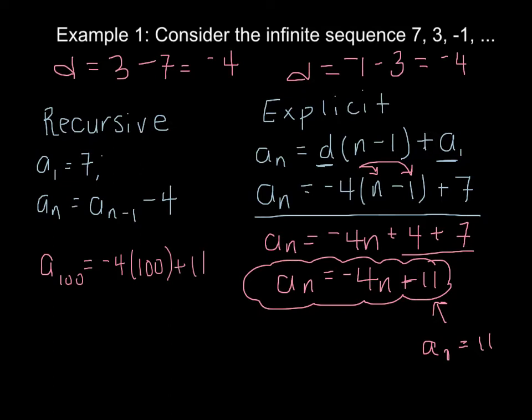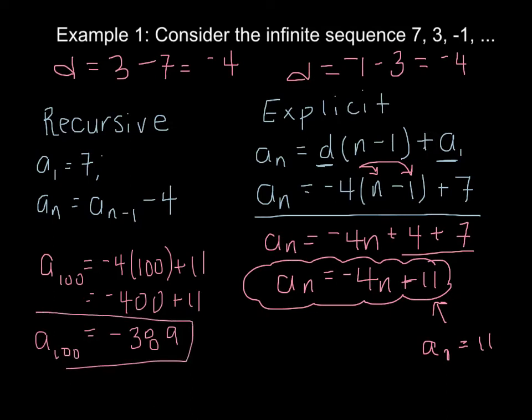You can do it by hand, you can use a calculator, whatever you prefer. So we have negative 400 plus 11, which would be negative 389. So the 100th term is negative 389. If we were to continue the sequence 7, 3, negative 1, 100 times, the 100th term would be negative 389.